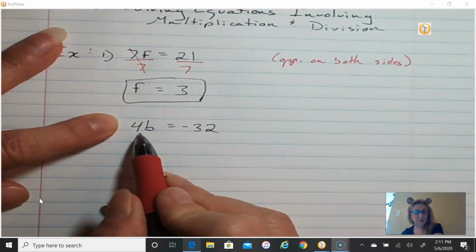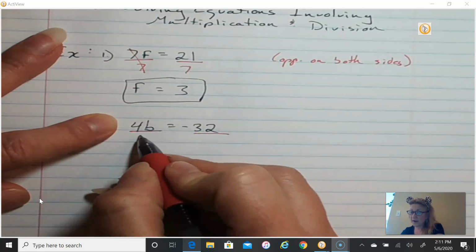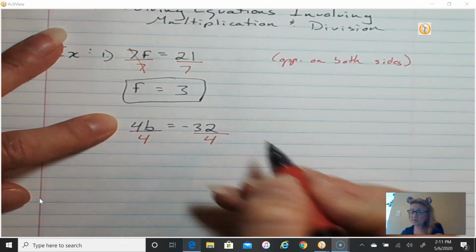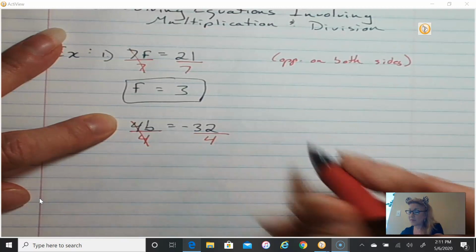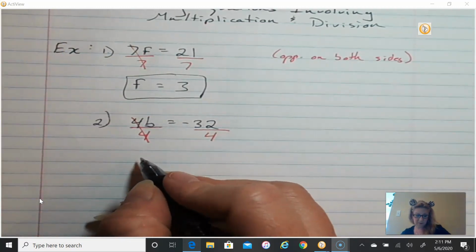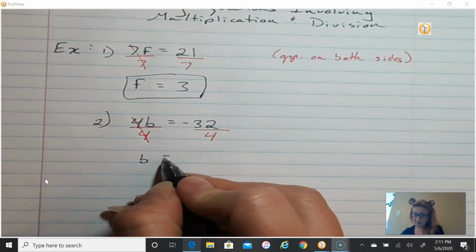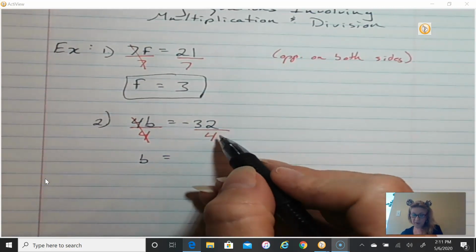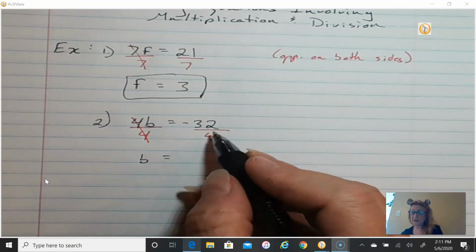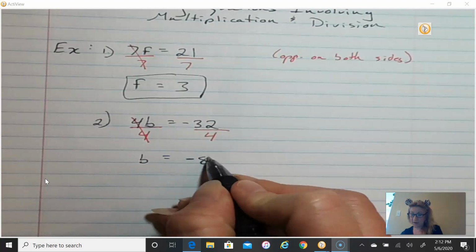What's the opposite of multiplication? Division. So we're going to divide both sides by 4. Those cancel out. B equals, so negative 32 divided by 4. Negative divided by a positive is a negative, so negative 8.